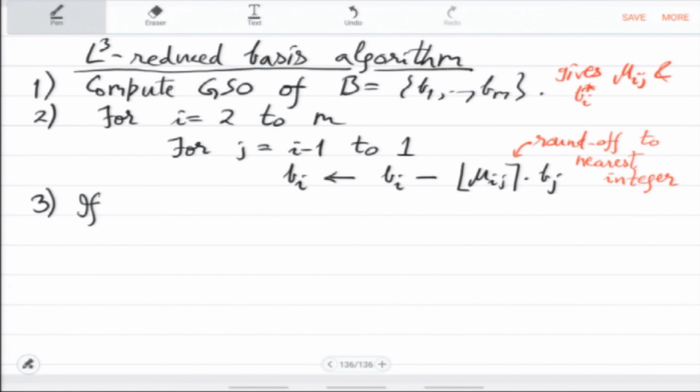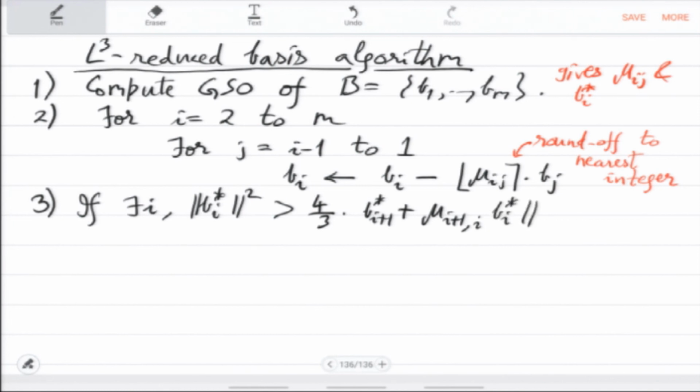So let us see whether it is satisfied or not. Suppose there exists an i such that it's violated. The left-hand side should have been less than or equal to this for condition 1, but suppose it is violated. So if it is violated, what should you do?